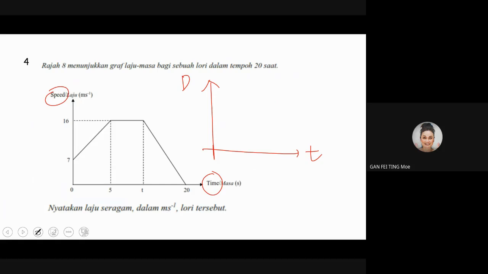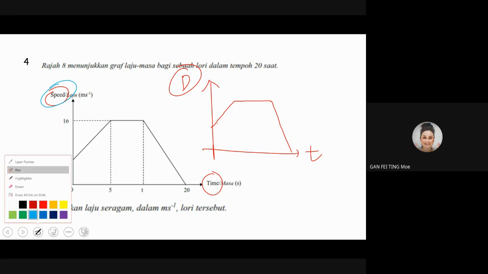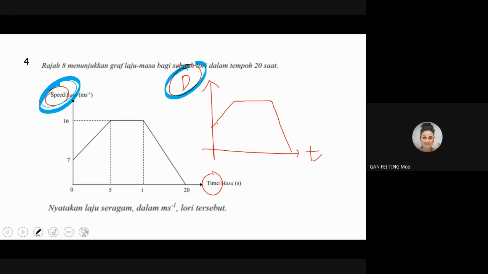So what's the difference between the speed time graph and the distance time graph? I can have the same diagram, but a different title. I highlight this one, with the highlighter, blue color, having the same shape of graph, right?